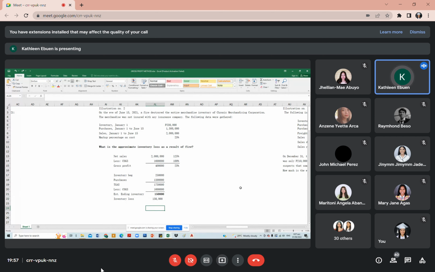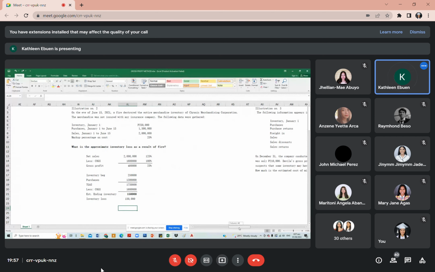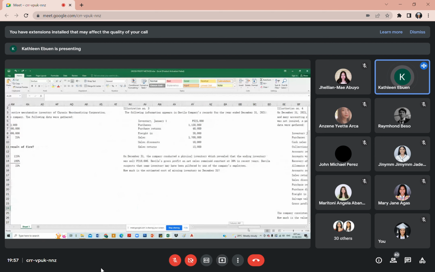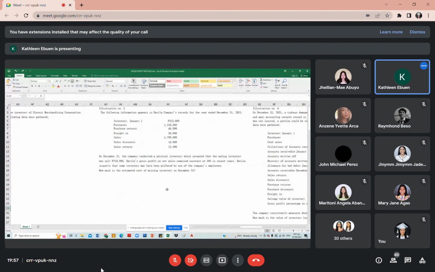So, here we go to the next problem. Illustration. The following information appears in Davila Company's records for the year ended December 31, 2021. Okay, we have the inventory for January 1, 325,000. So, this is the beginning balance. The purchases, 1,140,000.